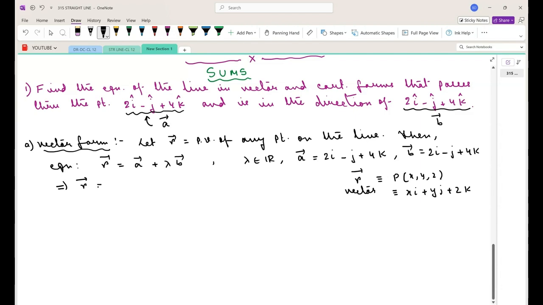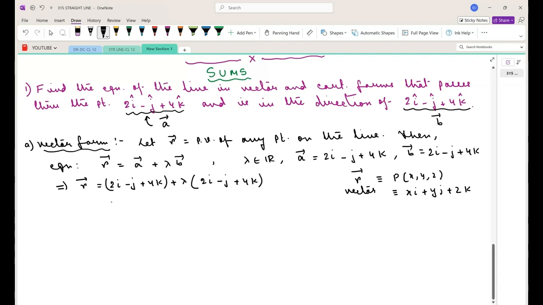So r equal to, let's put the value of a, 2i minus j plus 4k. That's my a, plus lambda, my b is 2i minus j plus 4k.